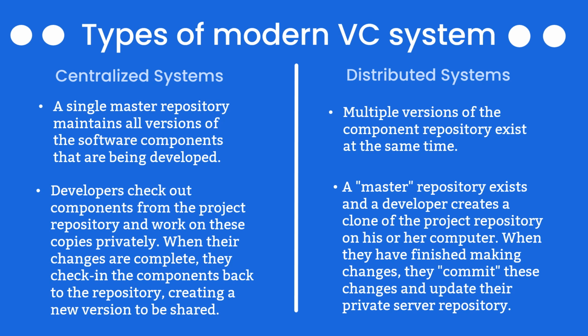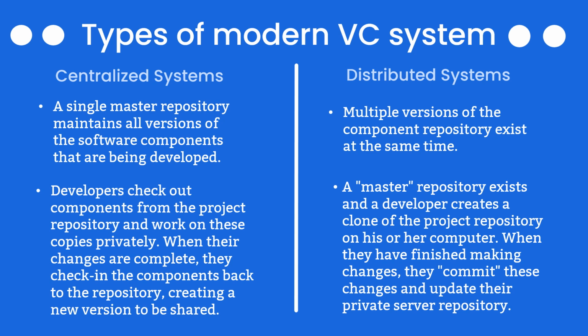However, in distributed VC systems, a different approach is used where a master repository is created on a server that maintains the code produced by the development team, and instead of simply checking out the files that they need, a developer creates a clone of the project repository that is downloaded and installed on his or her personal computer, and developers work on the files required and maintain the new versions on their private repository on their own computer.